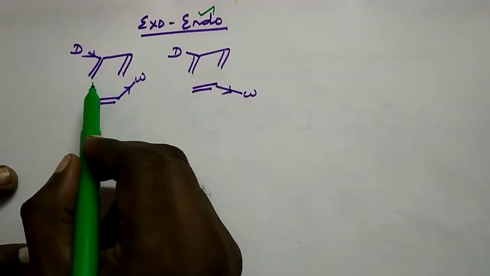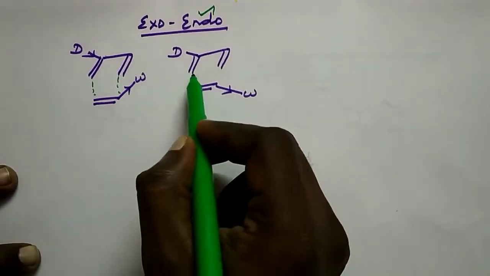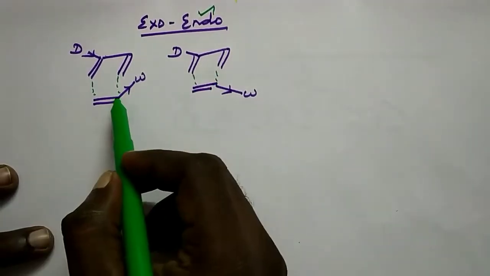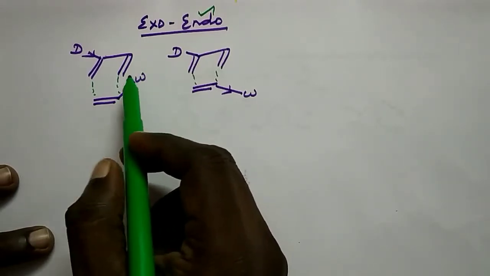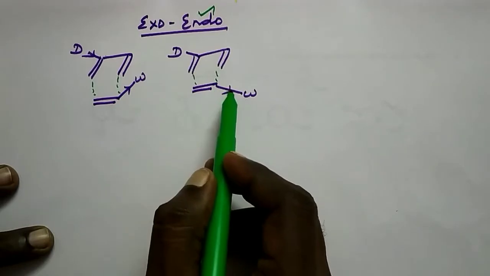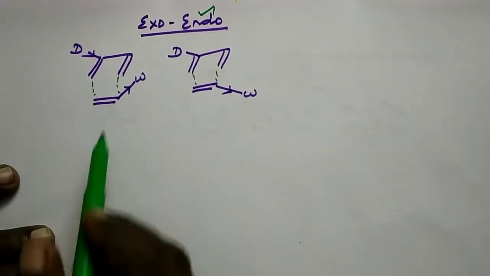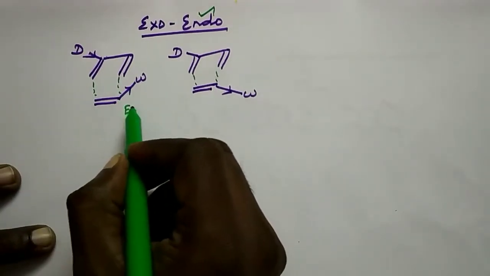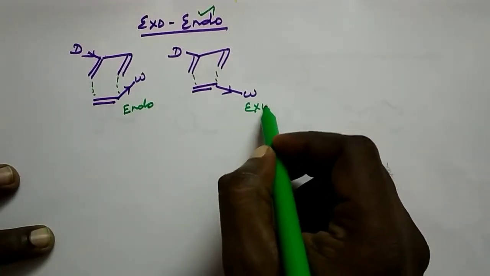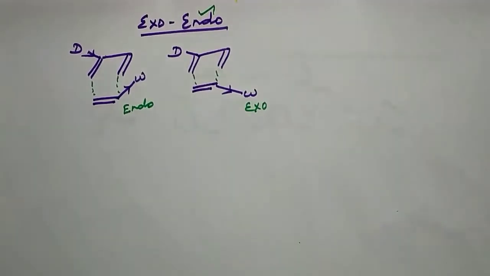Okay. So you will get bond formation. Look at the orientation of the dienophile. Here it comes below the diene, but it goes away from the diene. And this one is endo, and this one is exo. Okay, this is the point I was saying about.